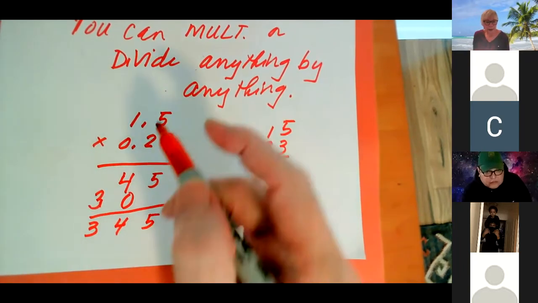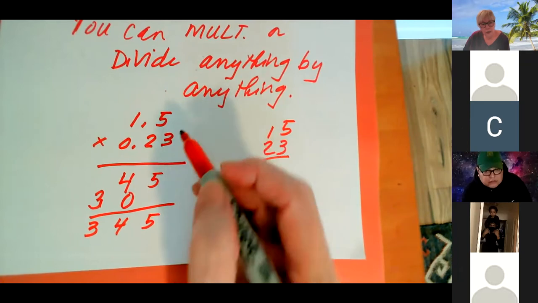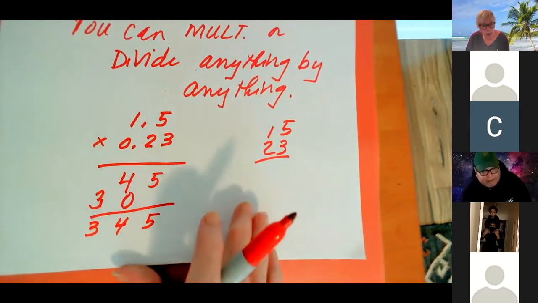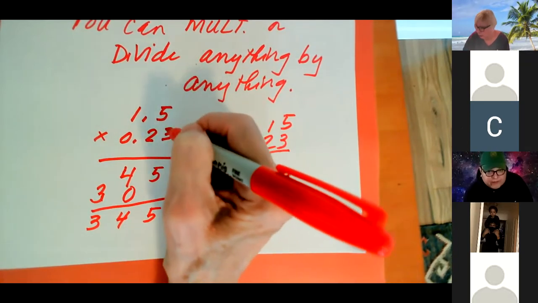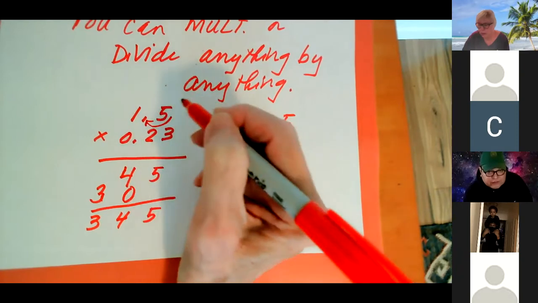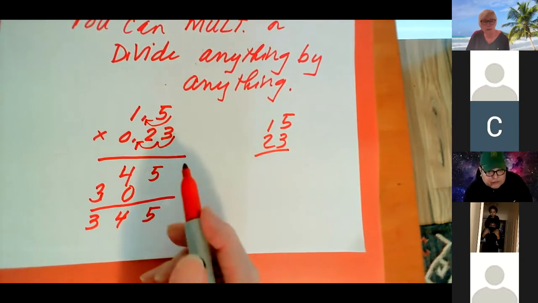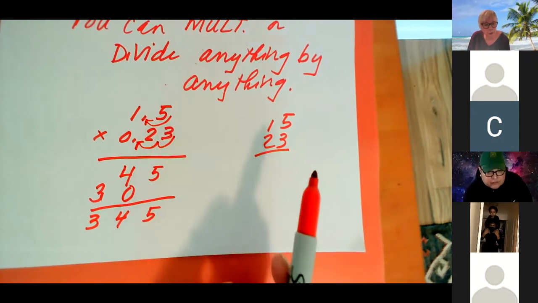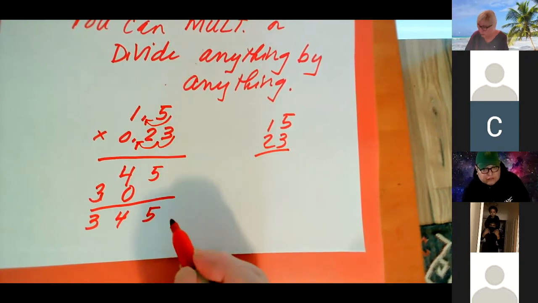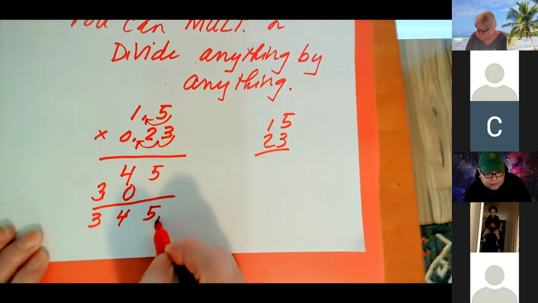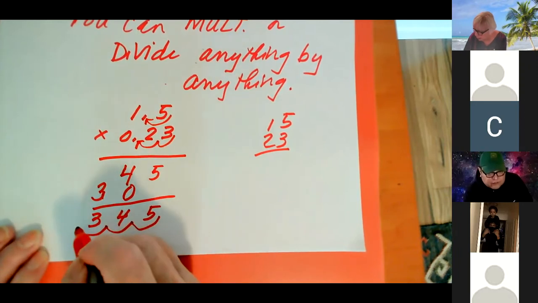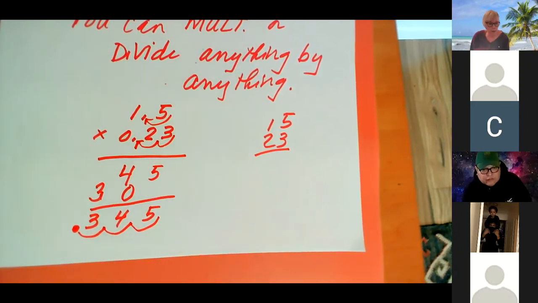But wait a minute, I've got the decimals. And so in order to make this decimal correct, I count. I have 1 for this one. I have 2 for that number, which is a total of 3. So starting from the same side, I go 1, 2, 3. That's where the decimal belongs.